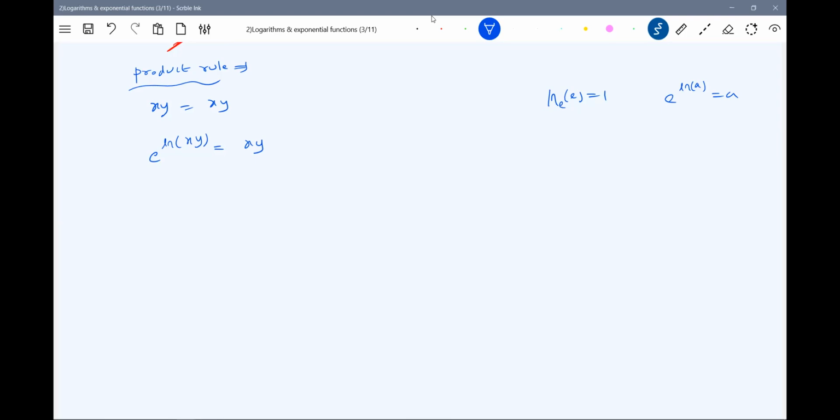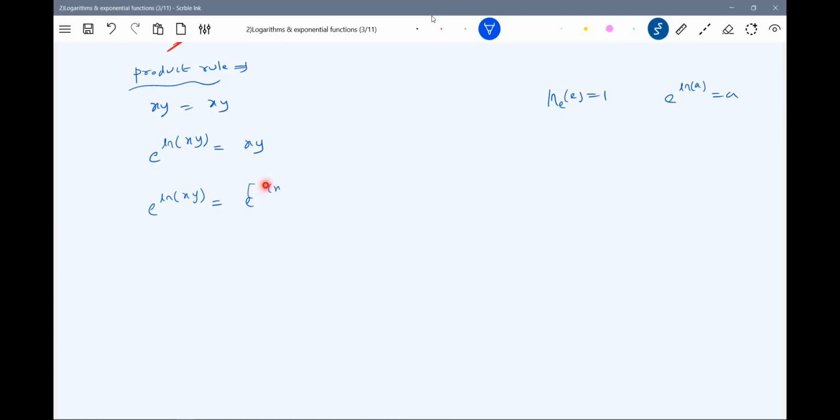Now, e to the power of log xy, what is the expansion of this? Shall we write it as log x plus log y?